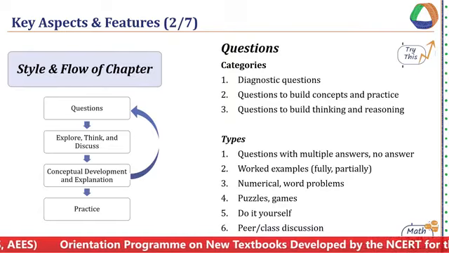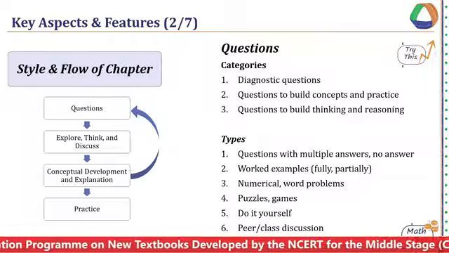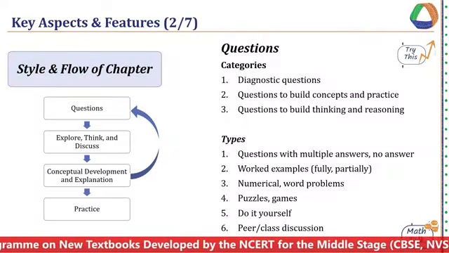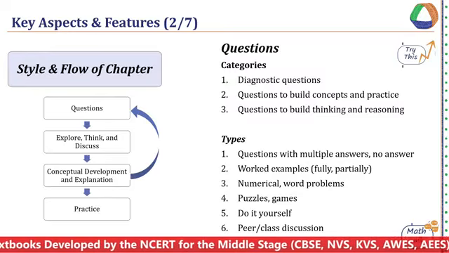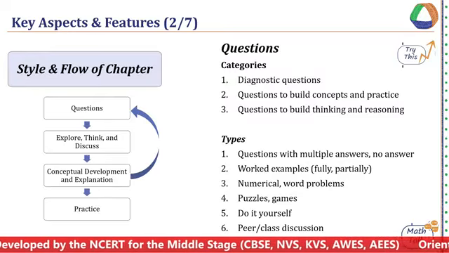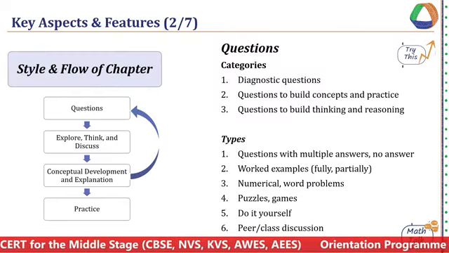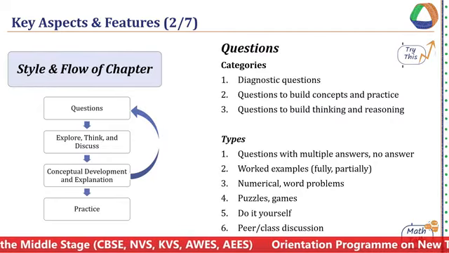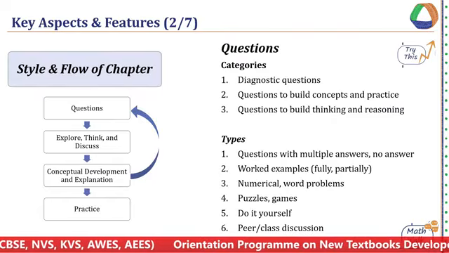Now you can see the style and flow of chapters. We start the chapter with a certain question, then we explore that question, think about how it can be done in different ways, and then finally we come to a certain concept based on that. That is what we call conceptual development. And once the conceptual development happens, again we pose a question and then proceed further.